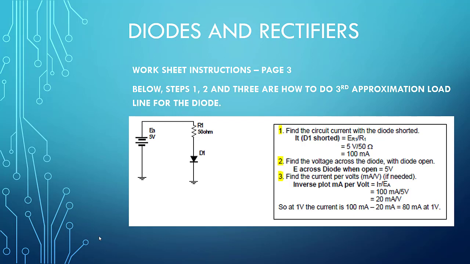What would our voltage potential be across that diode? It would be 5 volts. It's an open switch, so all of our voltage is across that infinite resistance. And then find the current per volts. So we'll take our 100 milliamps, divide that by our 5 volts, and that gives us 20 milliamps per volt. And that's how we graph that line that we talked about.